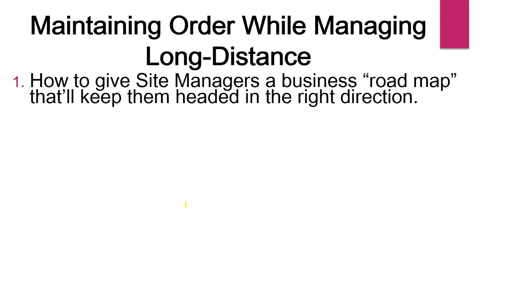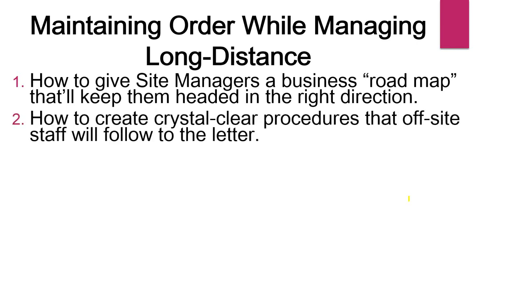So guys, in this, the very first one is how to give site managers a business roadmap that will keep them headed in the right direction. You have to think about how to give site managers a business roadmap. A business roadmap is nothing but a plan, so that they can follow that plan, get the objective and go in the right direction. Next, how to create crystal clear procedures that off-site staff will follow to the letter.